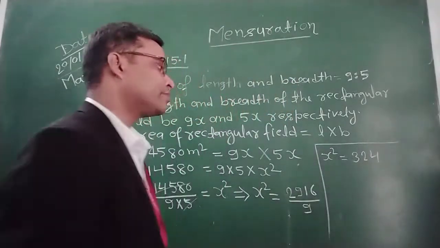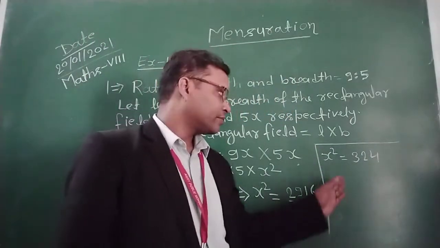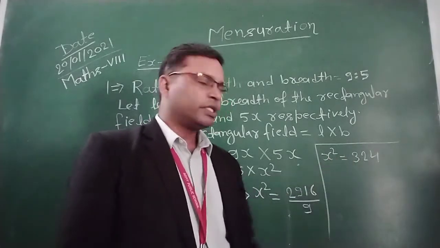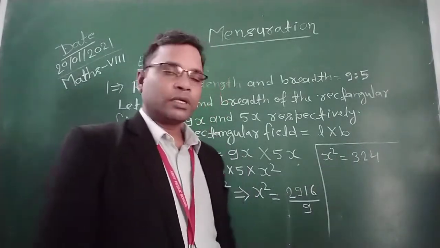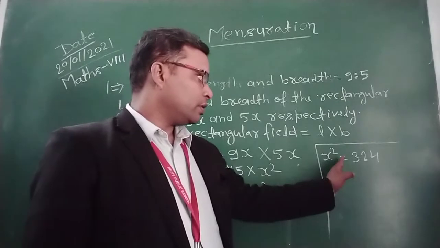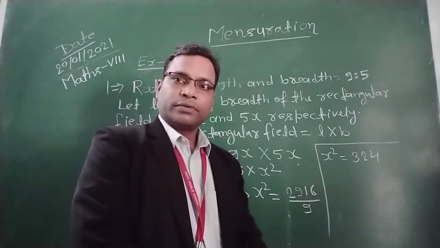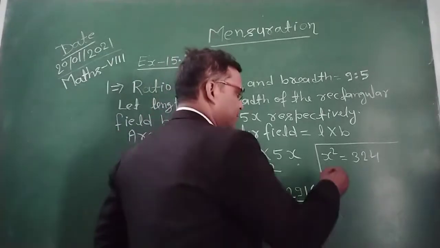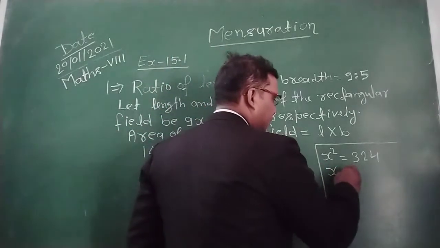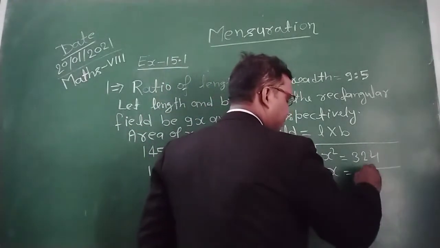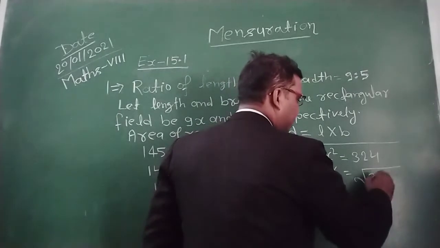Now you can see x square is equal to 324. So x is equal to what? You can write it: x is equal to under root 324.